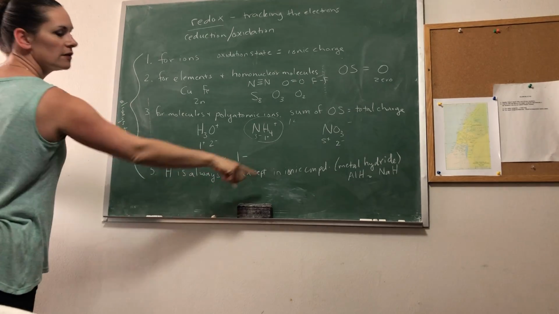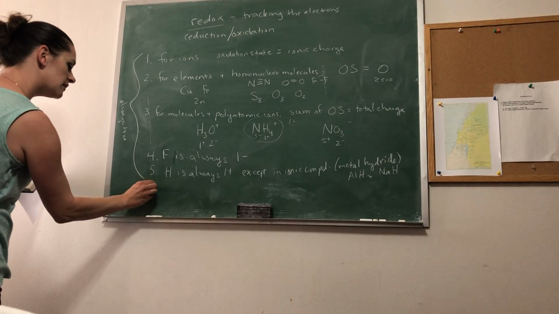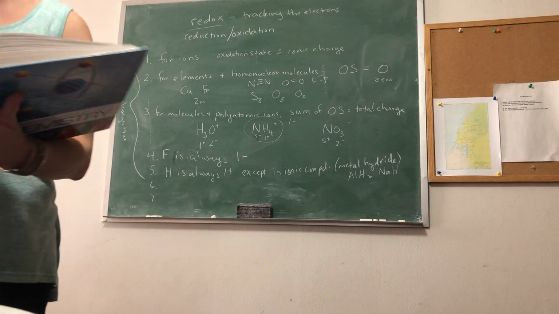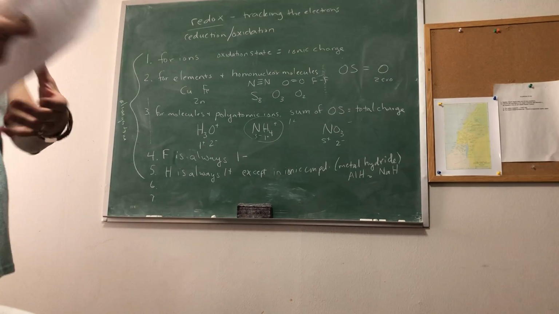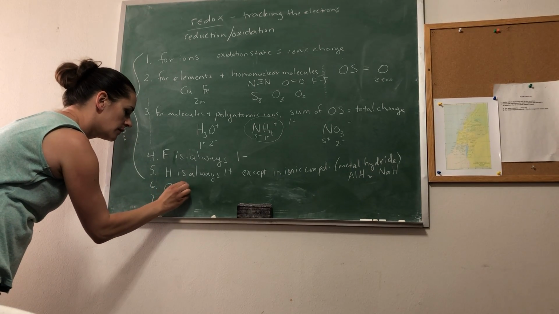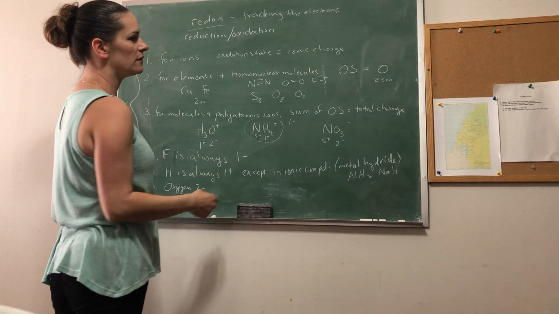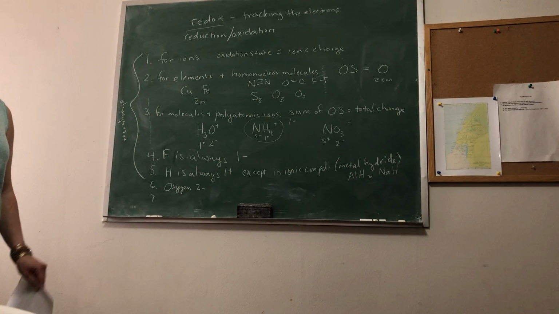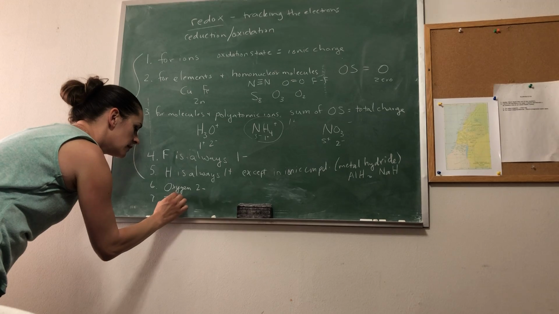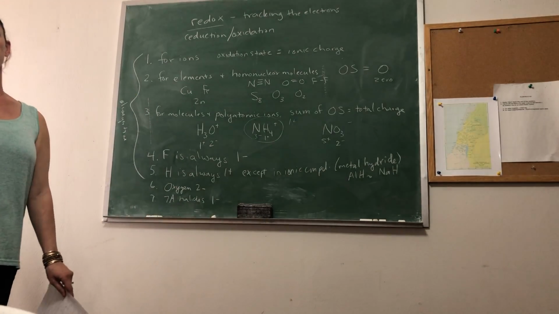Except where noted here, where there's exceptions in the rule itself. Okay? And then the 6th and 7th rules are sometimes true, or mostly true, usually true. Oxygen will be 2 minus. And we saw that here, oxygen was 2 minus, oxygen was 2 minus. So it's usually 2 minus. And then group 7A, halides, are usually 1 minus.